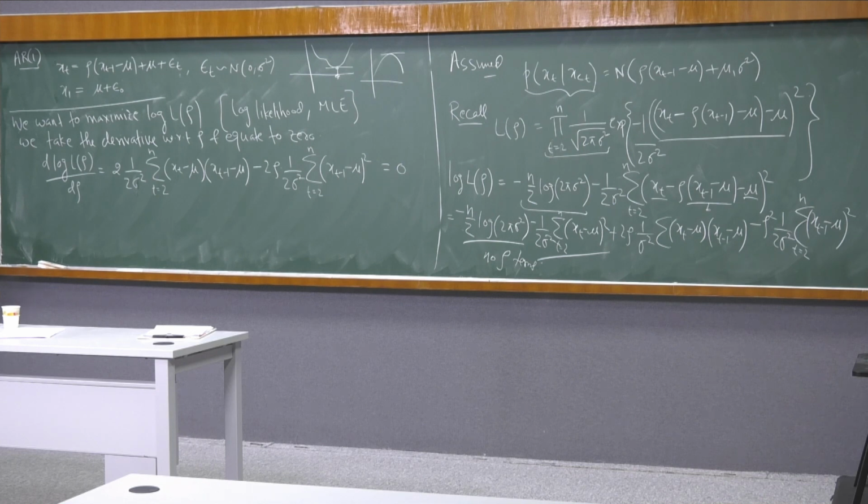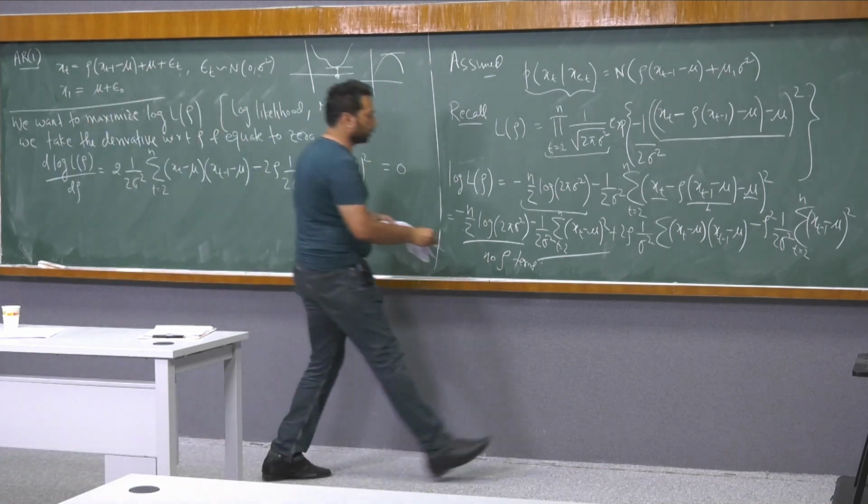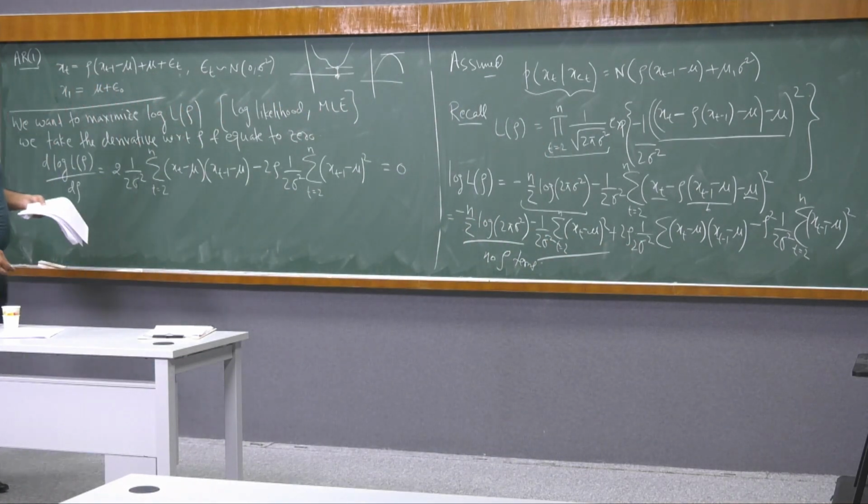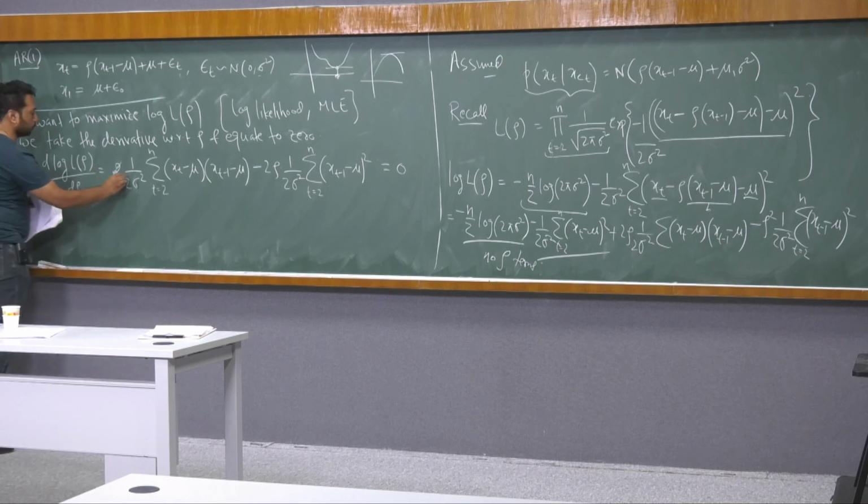There is a 2, and there is also a 1 by 2 sigma squared, so those get cancelled. The 2 gets cancelled.